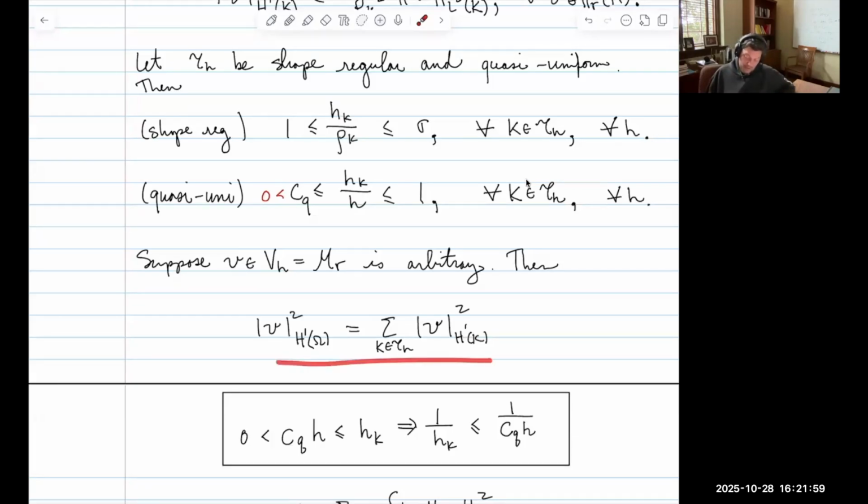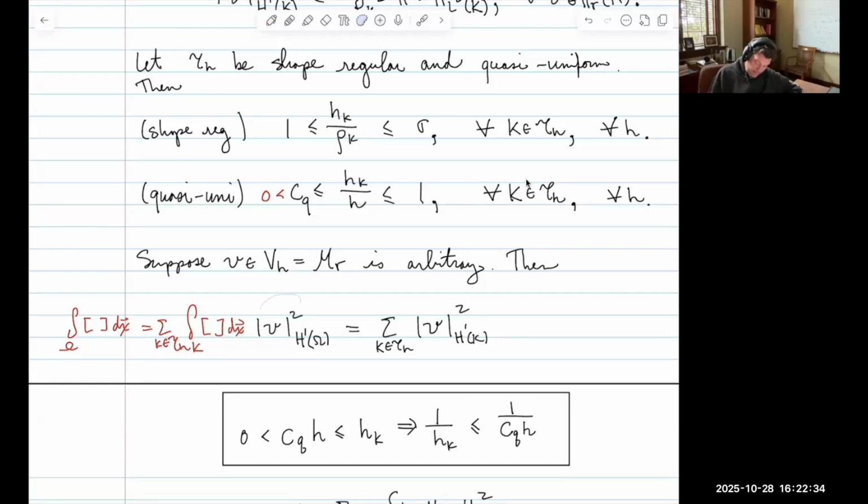That's all this is saying, and basically it follows from this fact. If I have an integral over the full domain of something dx, then that's equal to the sum over triangles in the mesh of the integral over K of the same thing, dx. That's where that piece of information is coming from.